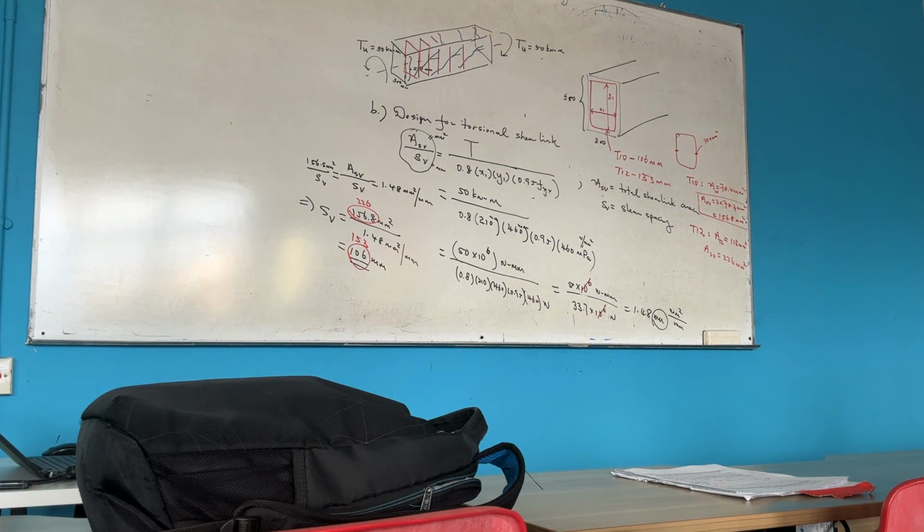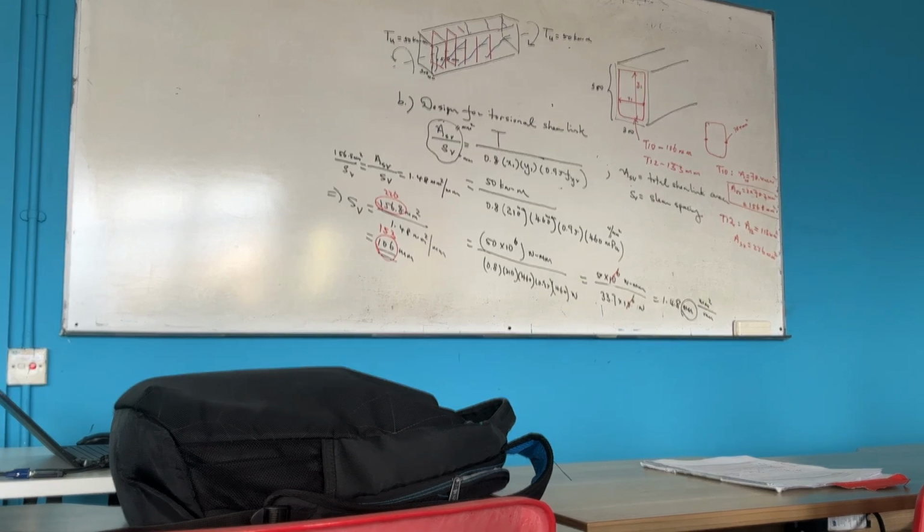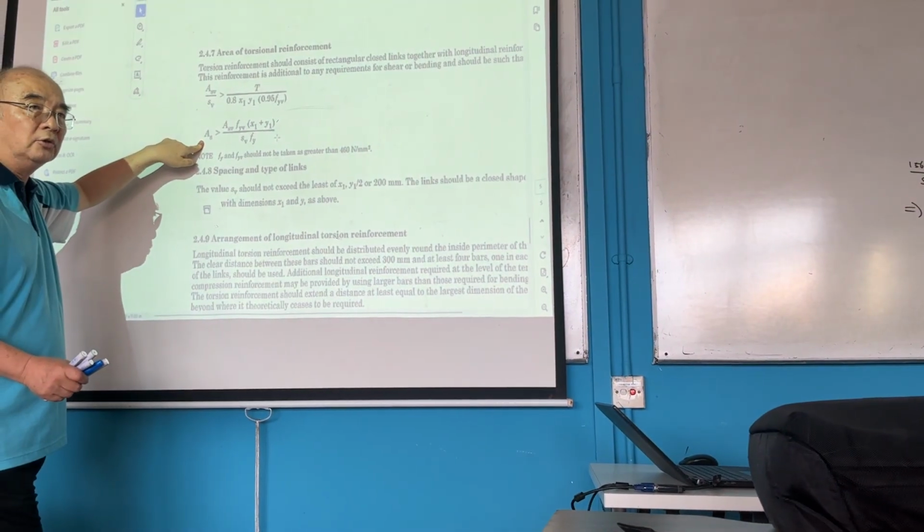So now the torsional reinforcement should consist of rectangular links together with longitudinal reinforcement. This is the equation for the longitudinal reinforcement.